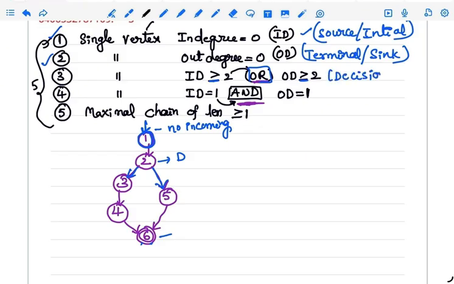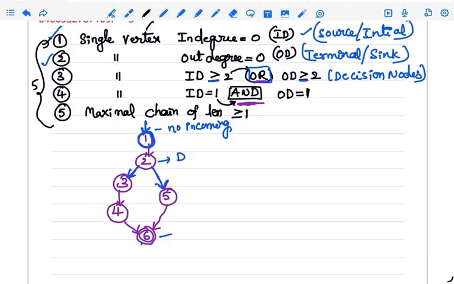So your control flow graph must consist of a start node, a terminal node and a decision node. Any one is okay, in degree greater than or equal to 2 or out degree greater than or equal to 2. The next one is a single vertex or node with in degree equal to 1 and out degree equal to 1.